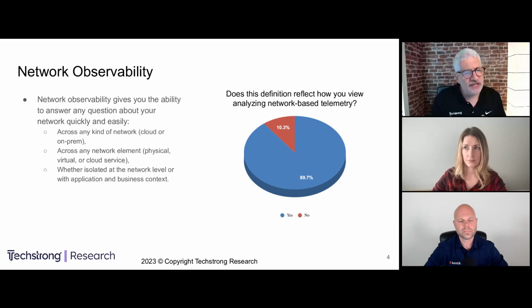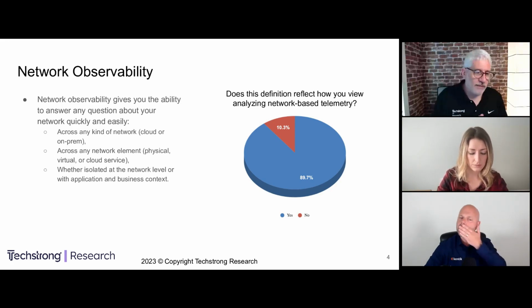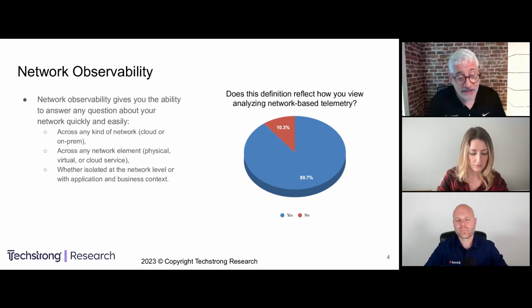Network observability gives you the ability to answer any question about your network quickly and easily across any kind of network, cloud or on-prem, across any network element, physical, virtual, or cloud service, whether isolated at the network level or with application and business context.